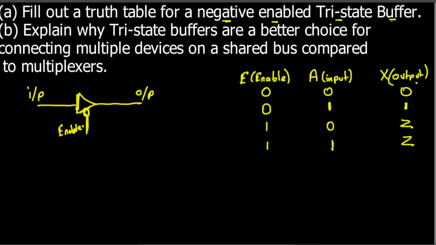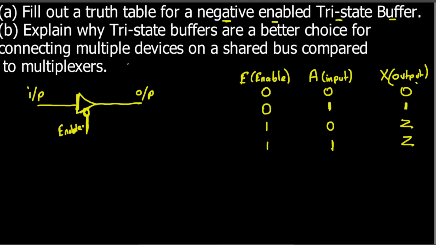Okay, now that is the truth table, and the second part is asking: explain why tri-state buffers are a better choice for connecting multiple devices on a shared bus compared to multiplexers. The advantage of tri-state buffers over a multiplexer: when the same bus is used for connecting many devices, only one device at a time can be writing the data, and the remaining devices will be reading the data.